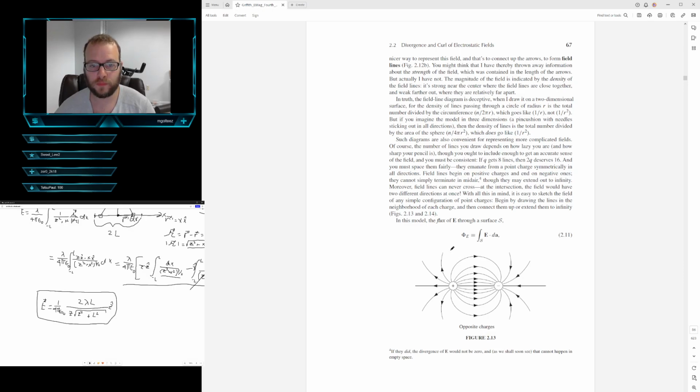So, here we have two opposite charges, and we see that field lines go from positive charges to negative charges. So this is the source, here's the sink.